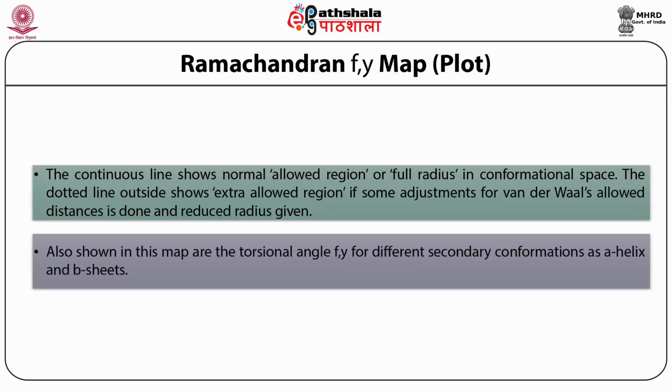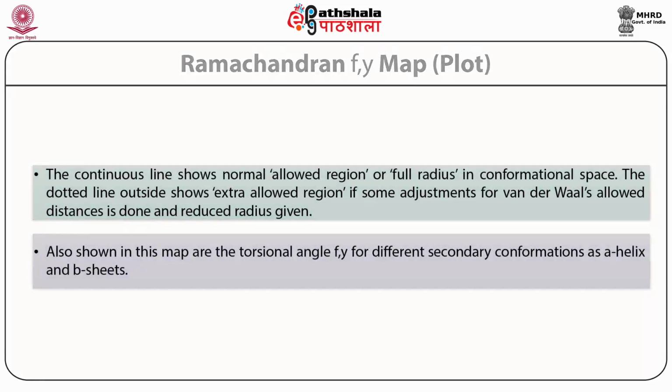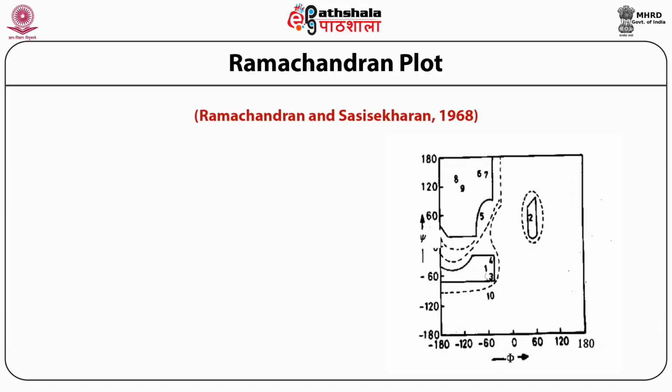Also shown in this map are torsional angles phi and psi for different secondary conformations such as alpha helix and beta sheet. We show another map, again by Ramachandran and Sasisekharan, in which they have shown a number of different secondary structures commonly occurring in different proteins.